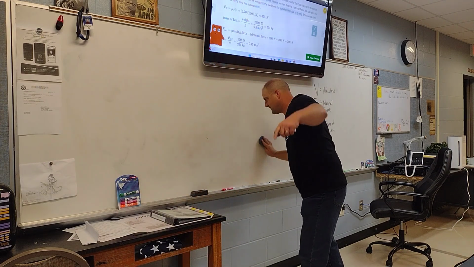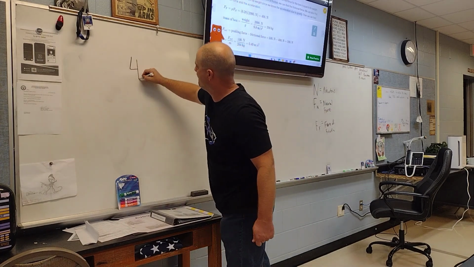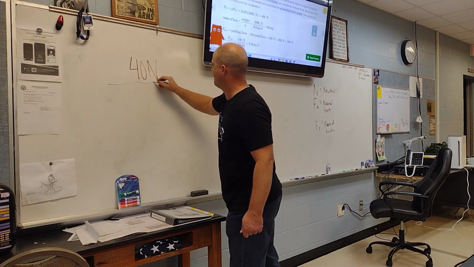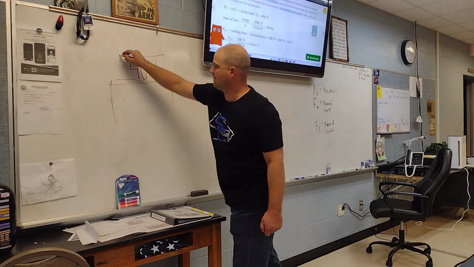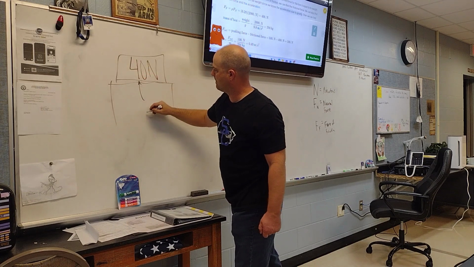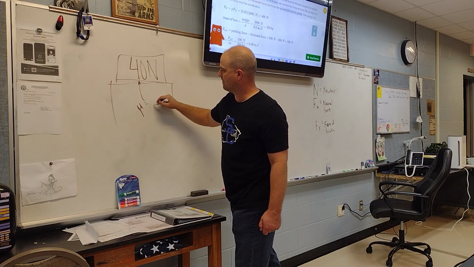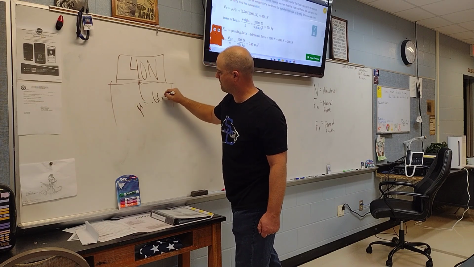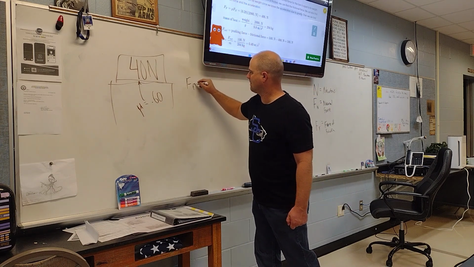What's yours? If a 40 Newton block is resting on a rough horizontal table with a coefficient of static friction, mu sub s, equals 0.60, then what is the force of static friction acting on the block?